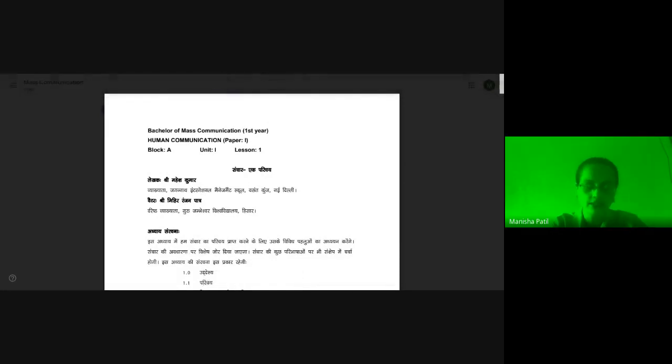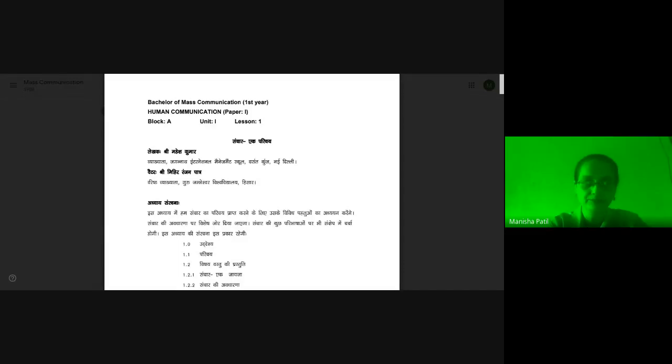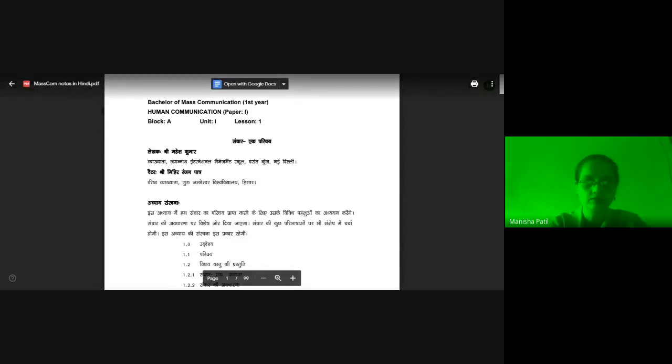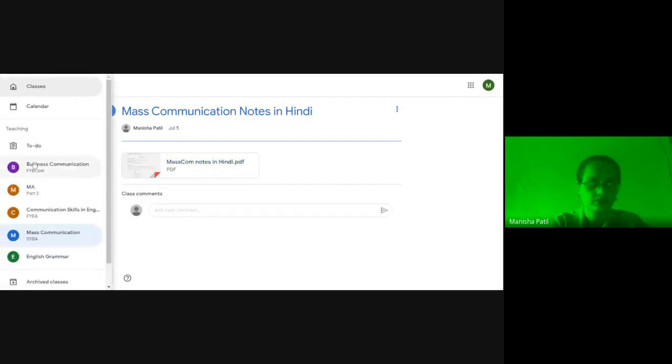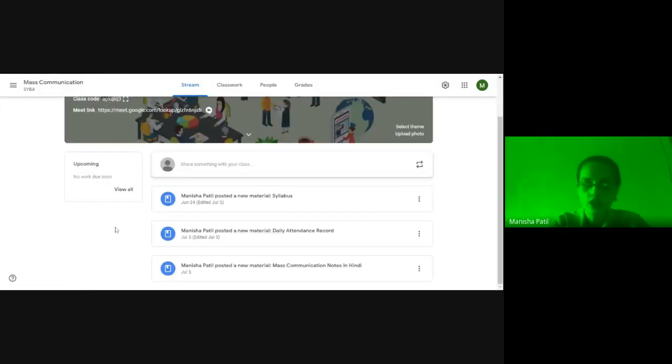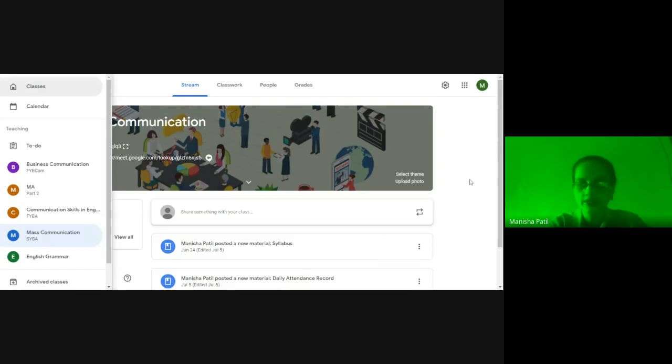So like this, your entire syllabus, or at least some part of it, is already there in Hindi. So you are going to get three things on this Google Classroom. Number one, your syllabus copy. Number two, your daily attendance form. And number three, notes in Hindi. This much is clear to everybody?